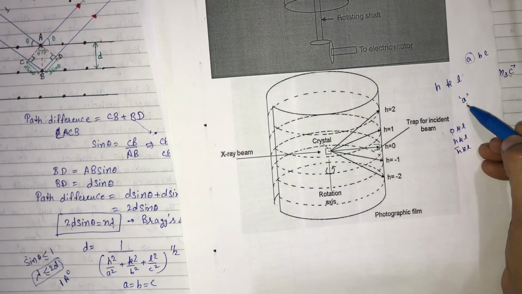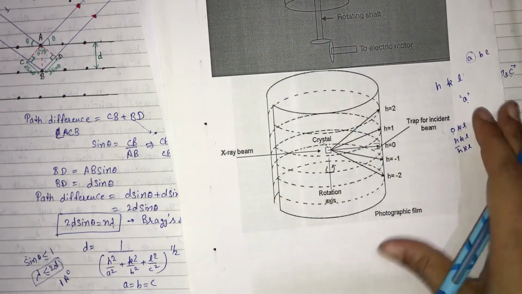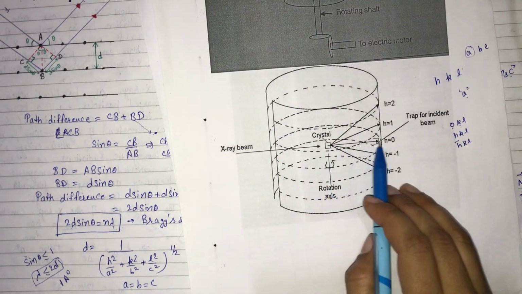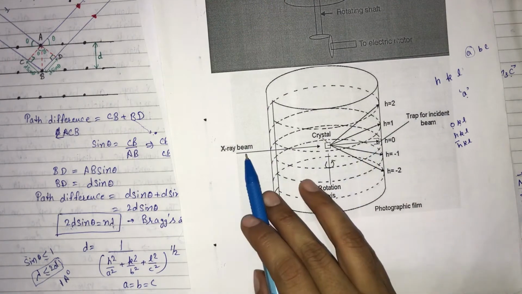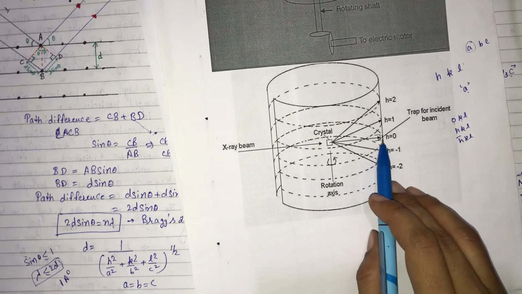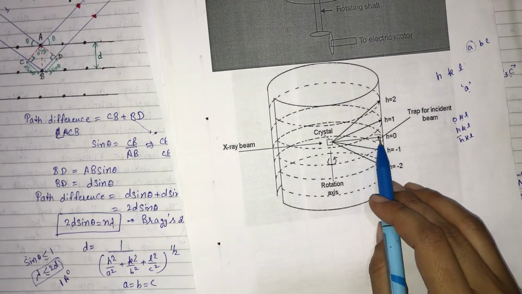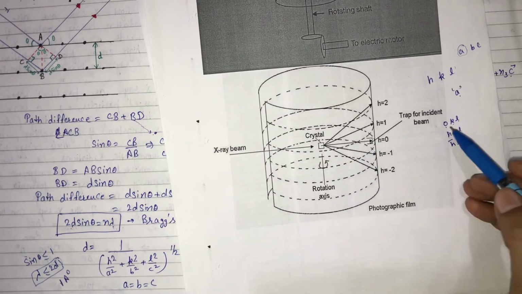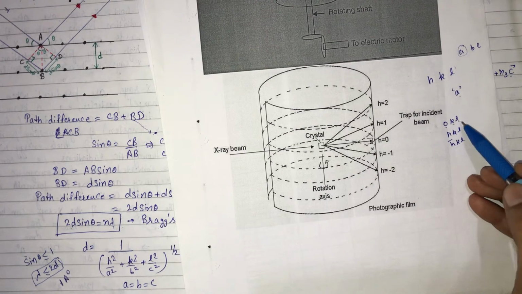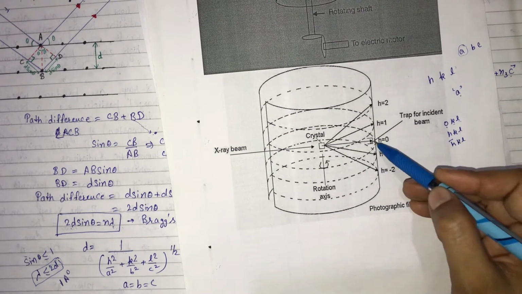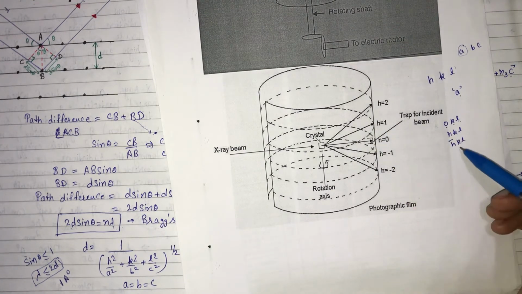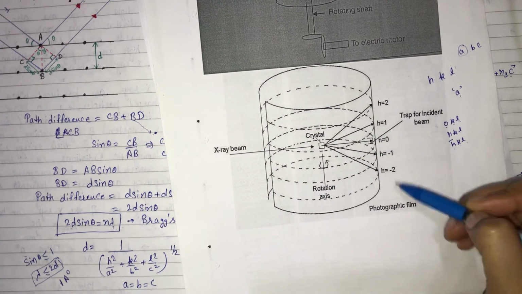If A coincides with the rotation axis, then at the center, meaning where the diffraction pattern coincides with the incident beam, this pattern will be for 0KL, and the diffraction pattern for HKL is above this 0, and the diffraction pattern for minus HKL is below this 0.